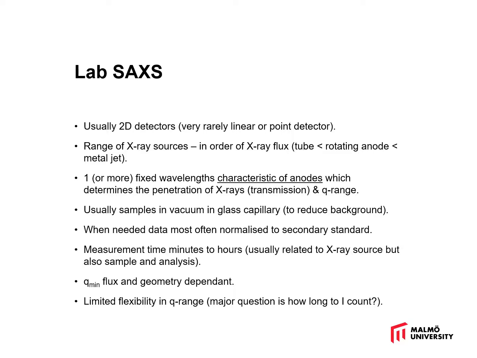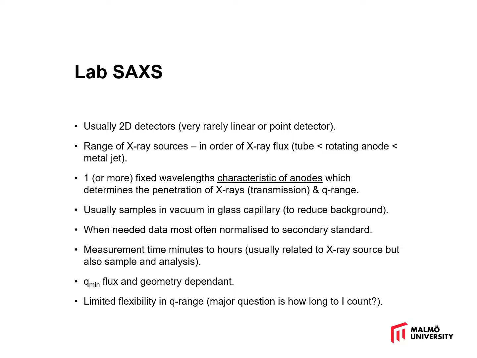The X-ray sources these days are also a bit of a range. Most instruments have an X-ray tube. There's a few rotating anodes around, and very few instruments are now using these metal jet sources, which have much larger fluxes than the rotating anode or the tube. I guess the practical aspect of all this is how long it takes to count, because in none of these cases are you really going to damage a sample with radiation as you might do at a synchrotron beamline.